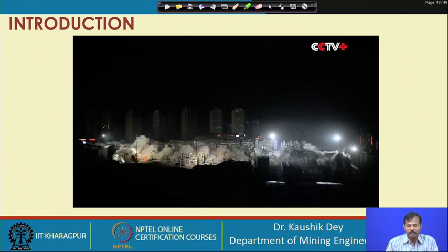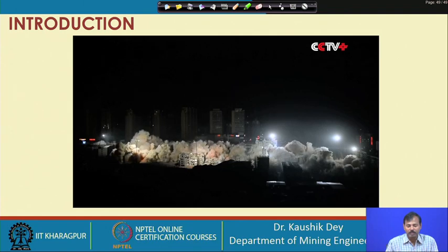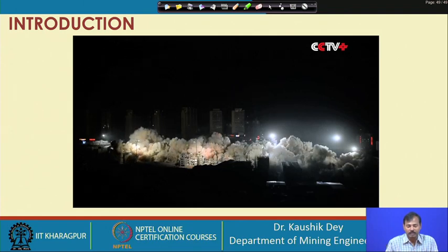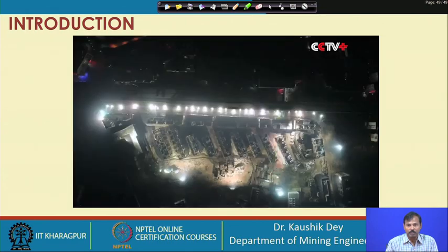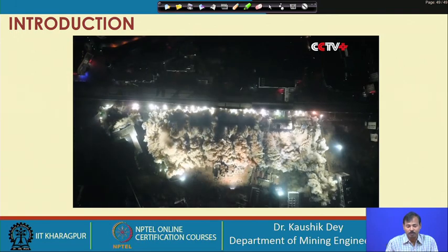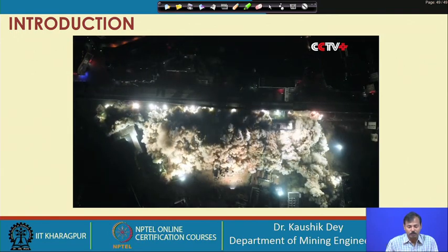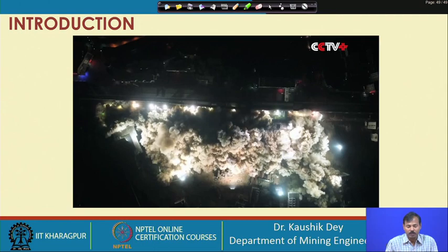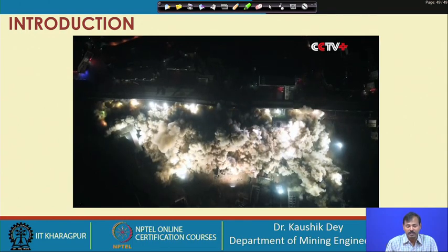in a Chinese city, where the complete construction is demolished using the explosive simultaneously, and this is the view you can observe, which is taken from the drone camera from the top, and the blasting is carried out simultaneously.